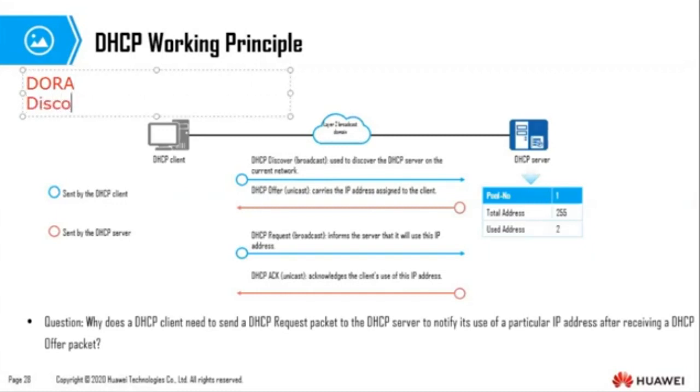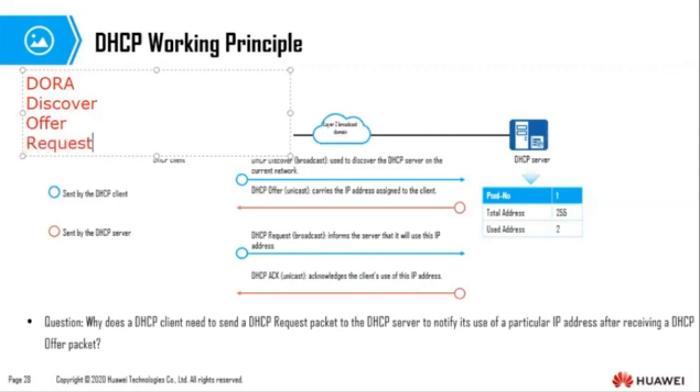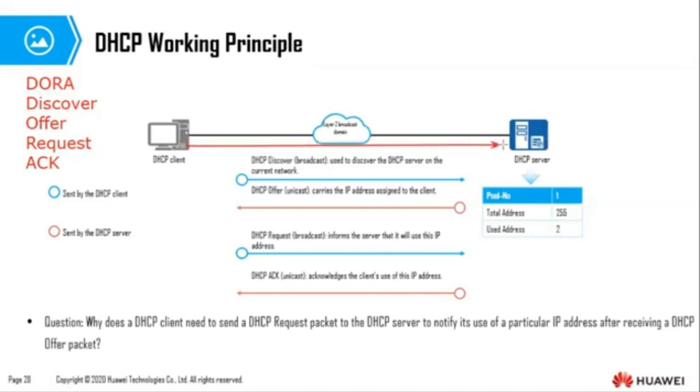DORA is discover, then offer, then request, then acknowledge. So let's understand the DORA process. So first, when you connect your device to the network, it's going to send a DHCP discover packet, right? Not request, discover.